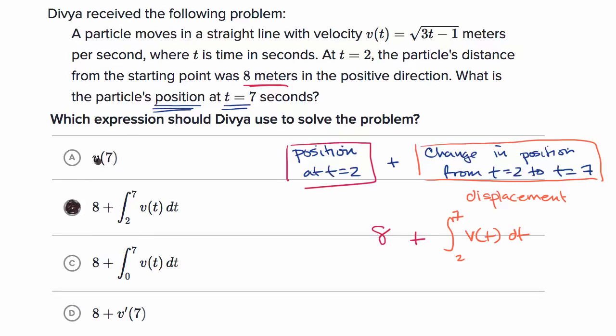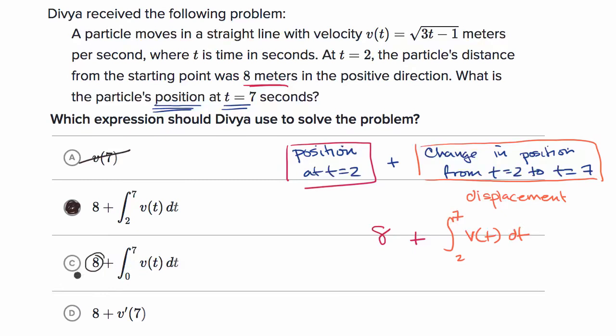This first option, v of 7, just gives us our velocity at time 7, or exactly at 7 seconds. Or another way, our rate of change of displacement at 7 seconds. So that's not what we want. This one right over here, you have your position at t equals 2, but then you have your change in position from t equals 0 to t equals 7.